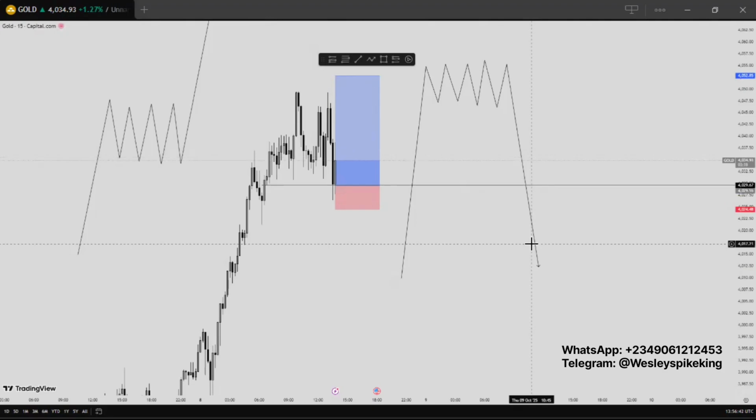Sometimes it's taking that break so that it can rest, get enough momentum, and then break out. One thing you must know that pushes the market is liquidity. When the market has been rallying for a while and then stops and starts consolidating, it is gathering momentum to make the next move.